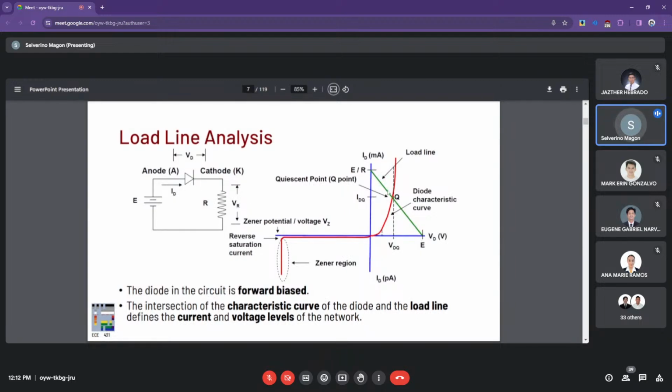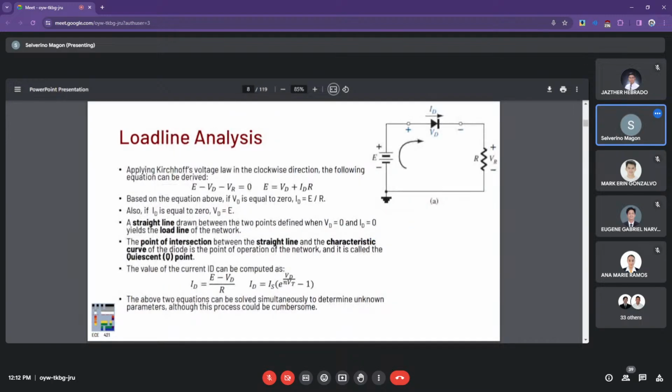Then you plot a line there, and the intersection between the load line and the diode characteristic curve is termed the quiescent, or Q point, we've mentioned in the previous sections.